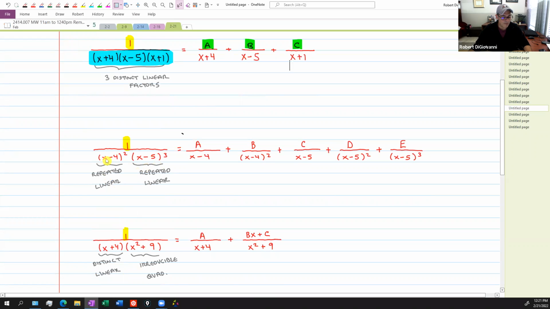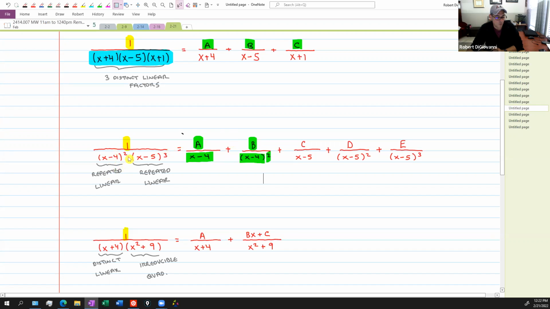Now, if you have a linear factor that's squared, we call that a repeated linear factor. Here I gave you x minus 4 squared, here's x minus 5 cubed. These are both repeated linear factors. The way you break down a repeated linear factor is you first put a generic letter over the linear factor to the first power, and then another letter over the linear factor squared.